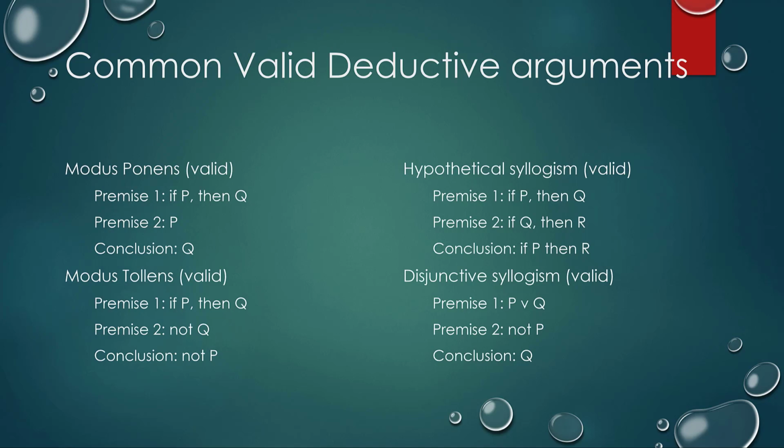Now, this also shows why valid doesn't mean the same thing as sound, because this argument is always valid, but not always sound. Take, for example, a Monday argument. If today is Monday, then tomorrow is Tuesday, which is true. Today is Monday, which happens to not be true when I'm recording this.